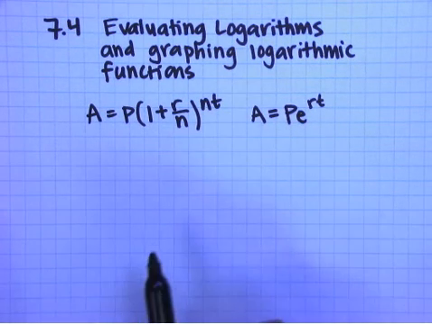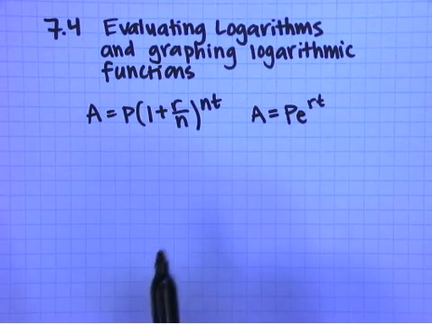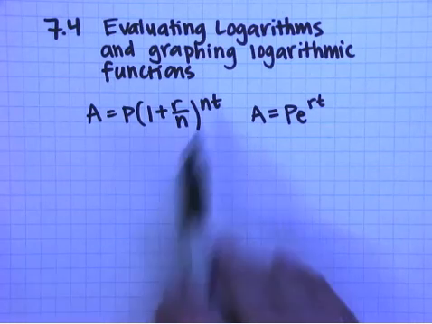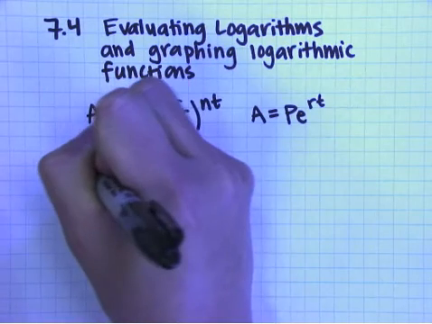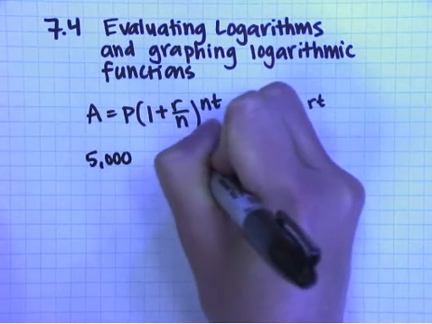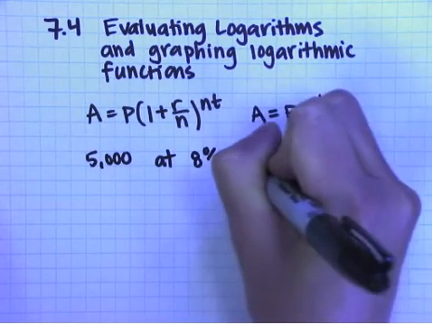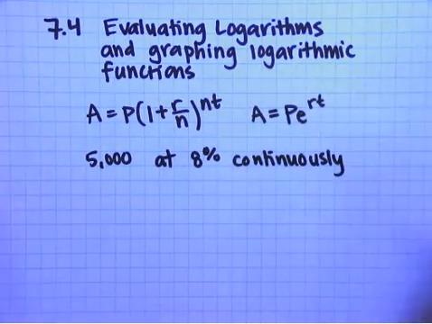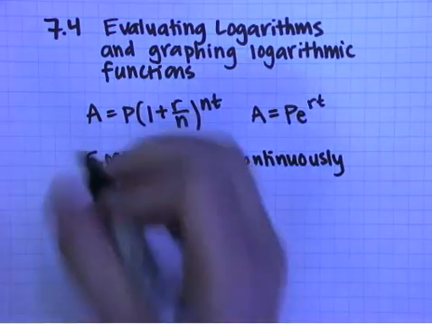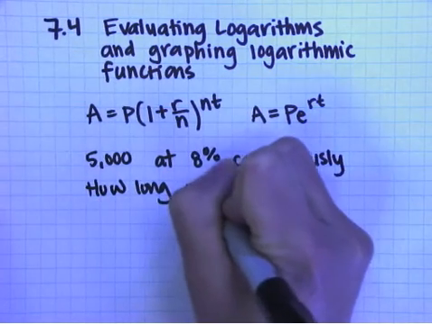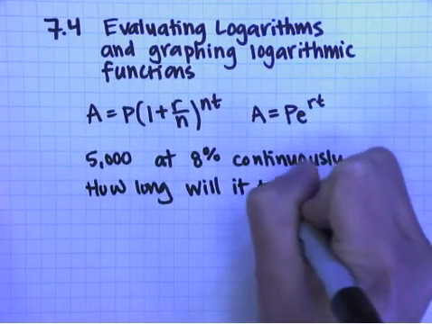And we've run into some problems, and you guys have been asking about these, when we get an x up in the exponent. So for instance, if we had, let's say, $5,000 and we are investing it at 8% interest compounded continuously, and I wanted to know when my money would double. So how long will it take to double?